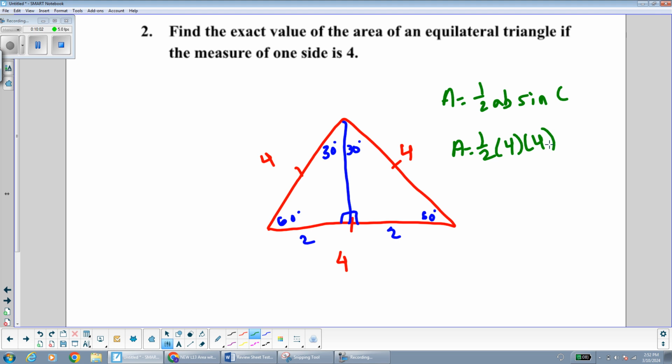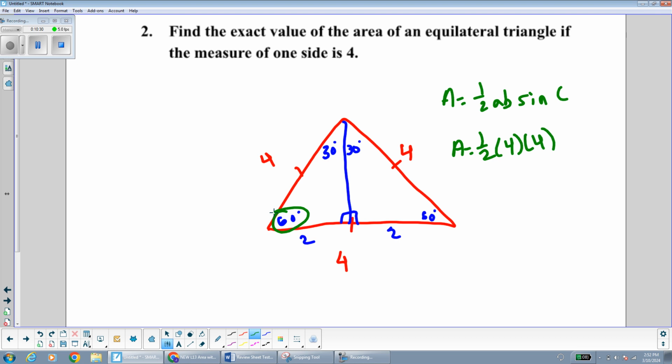And let's take a look at what the sine of the angle in between them is. The angle in between the two 4s here would be 60. If I use these two sides, which are 4 as well, the angle in between will be 60. And if I use these two sides, the angle in between will be 60. So regardless, whichever two sides I choose, the angle in between is going to be the 60-degree angle.